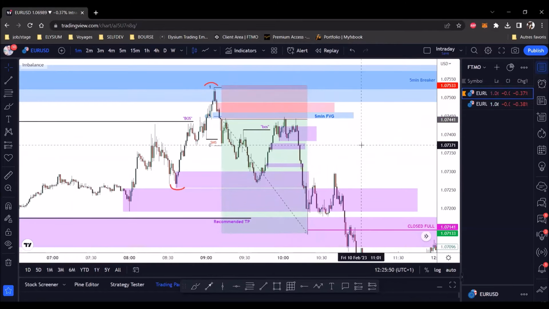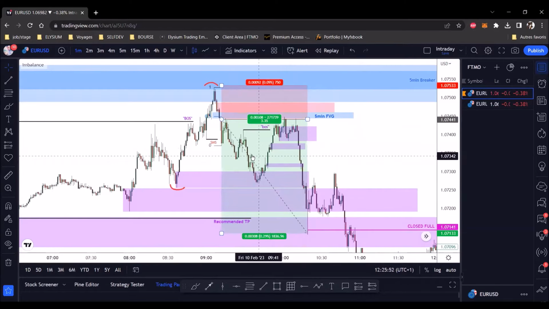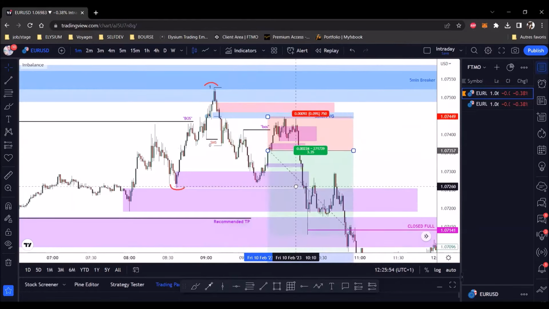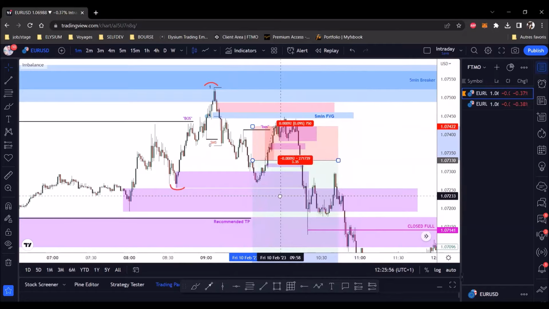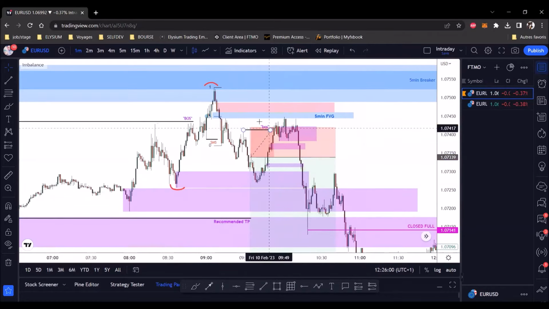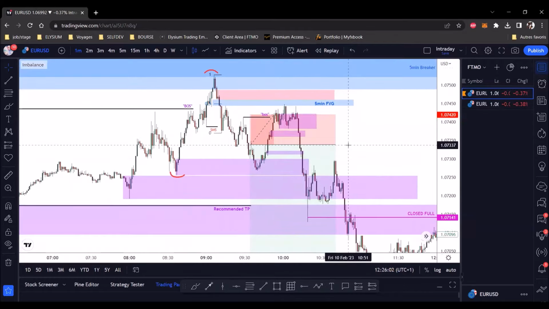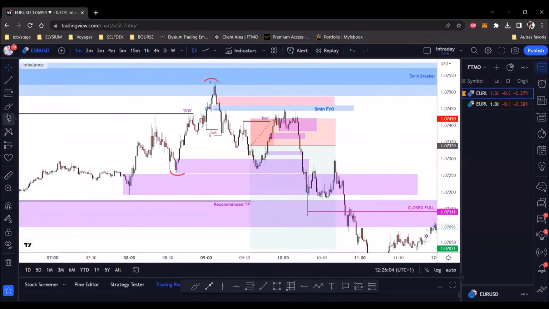But the losing scenario is if we were trying to catch some internal liquidity. You remember this was an intermediate term high. And I didn't take this trade because since this move, I was seeing these highs as internal liquidity.